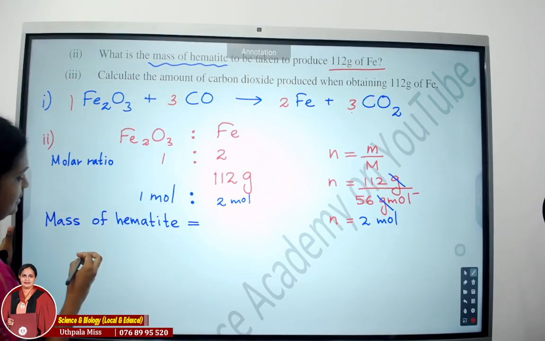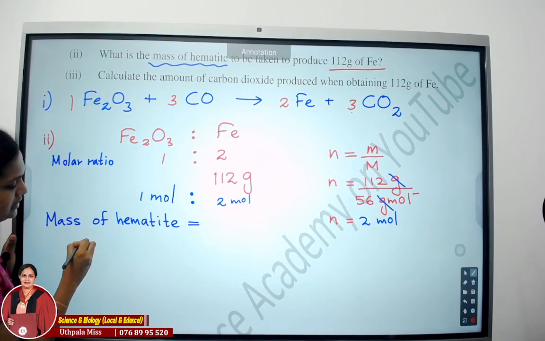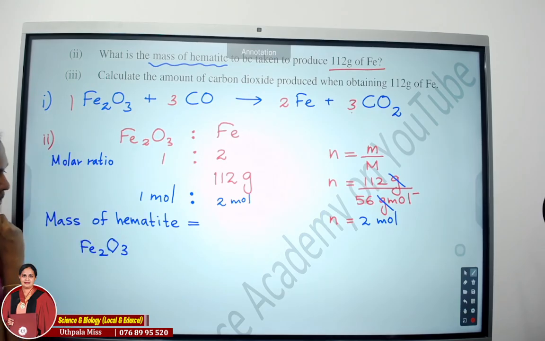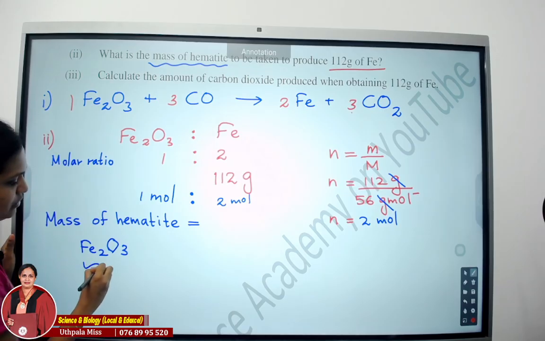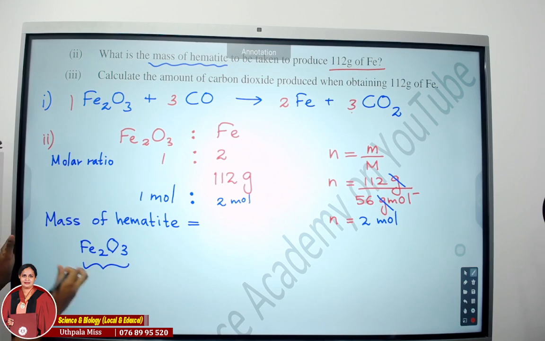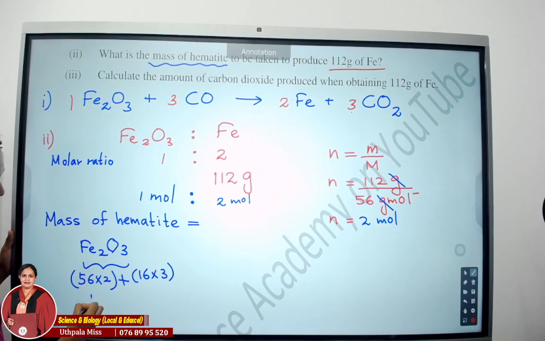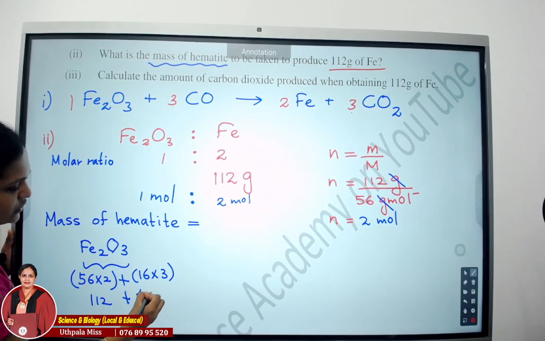Once again, hematite is Fe2O3, so you can find the relative molecular mass of hematite. What is it? 56 into 2 plus oxygen 16 into 3. 56 into 2 is 112 plus 16 into 3 is 48.